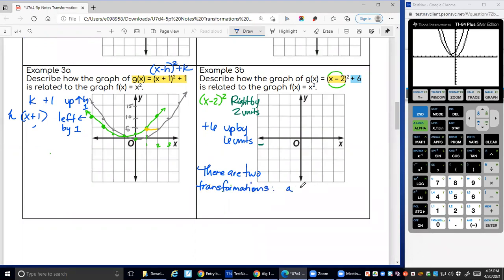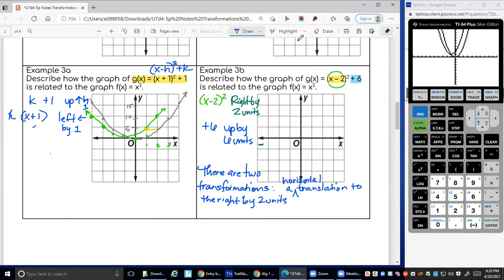A translation. What kind of translation? I need to add a word in there. We can say a horizontal translation to the right by 2 units.